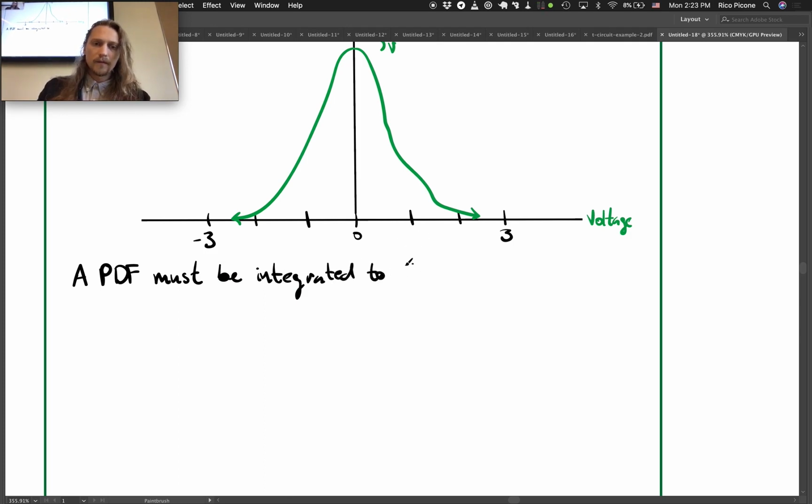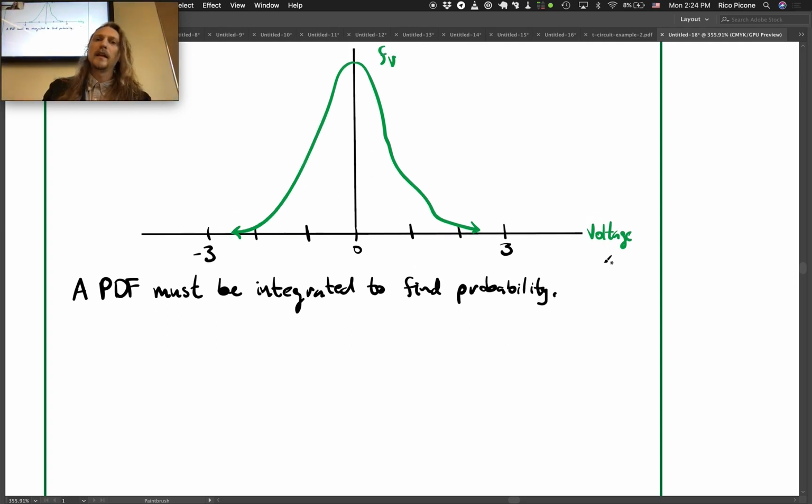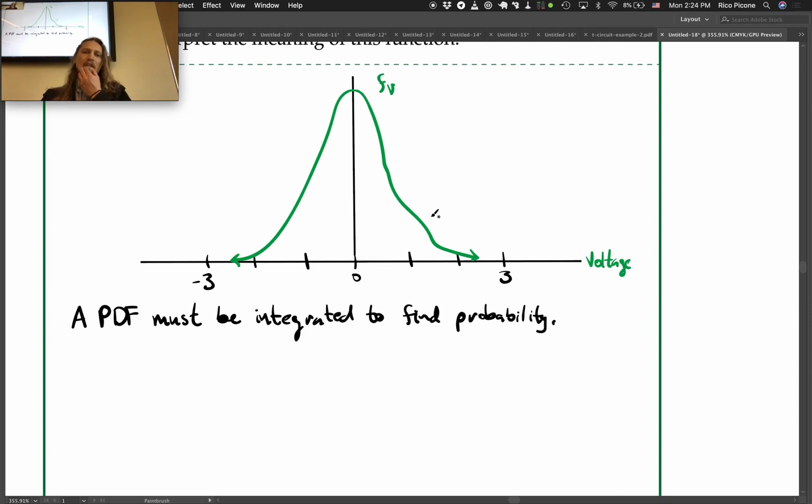As we'll see, it doesn't have a lot of meaning at a given value. So the probability that a voltage is going to take on the value 1 volt is actually how much?